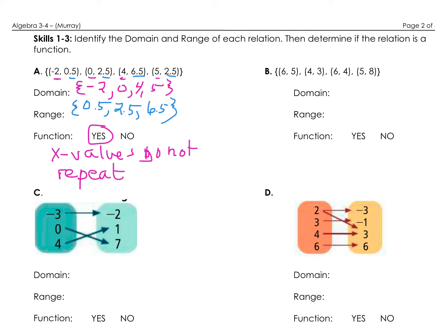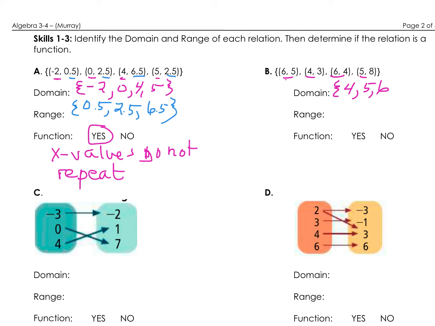Okay, so on part B, your domain is going to be 6, 4, 6, and 5. So your smallest is 4, and then 5, and then 6.